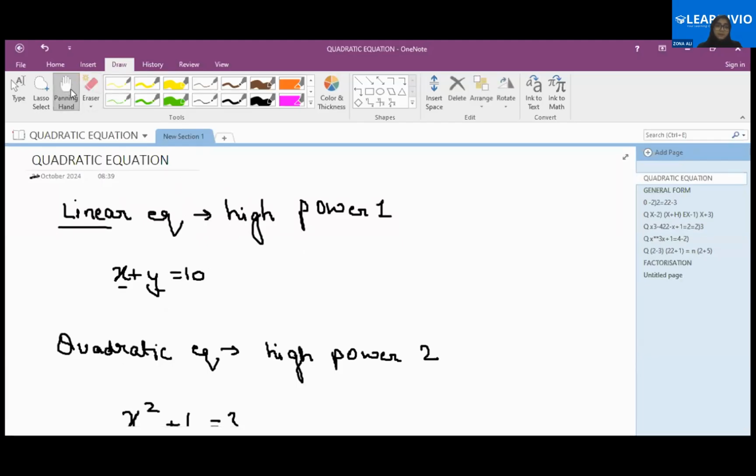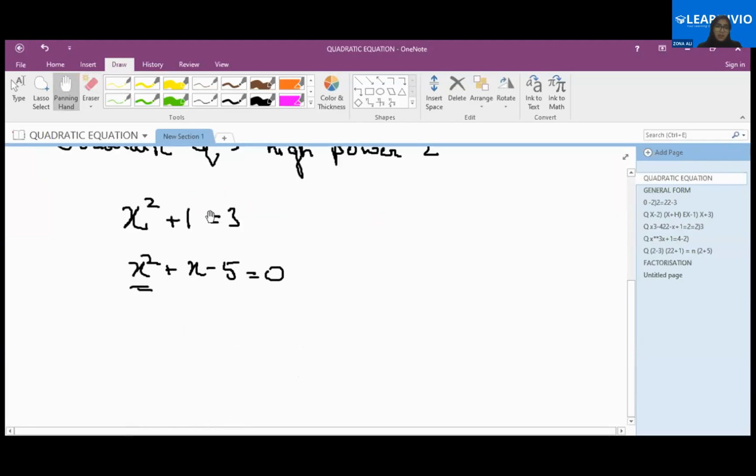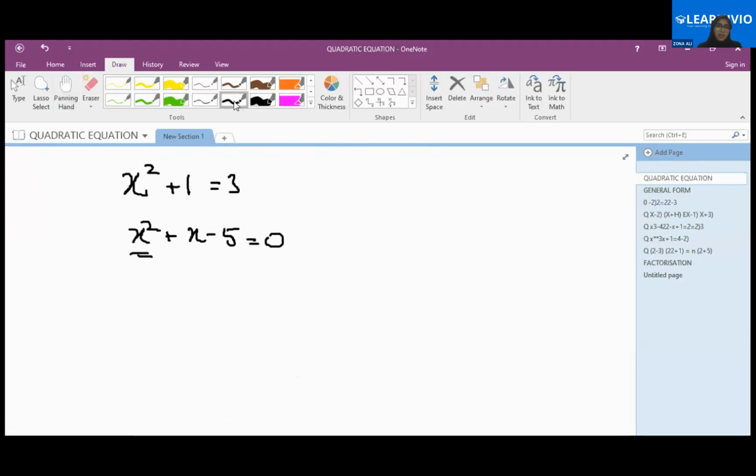Now, can you give me more examples for quadratic equation? 2x square plus 2x plus 5 is equal to 5.